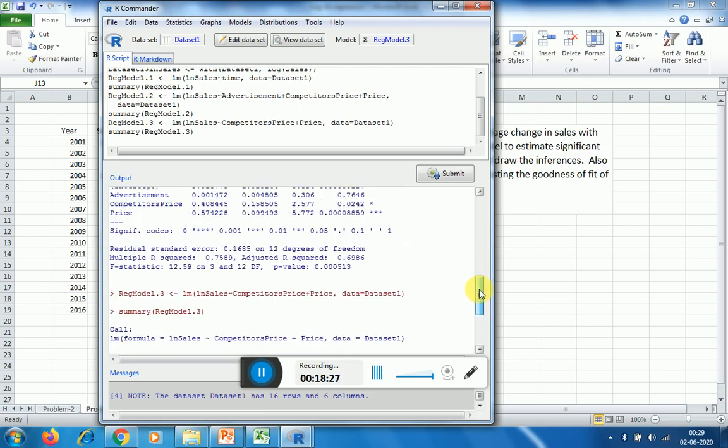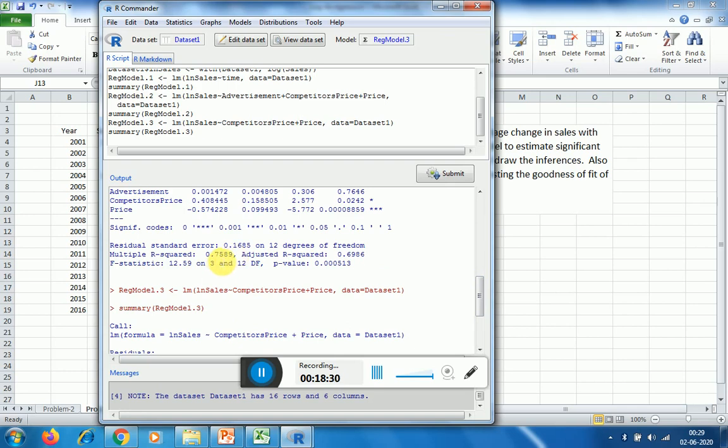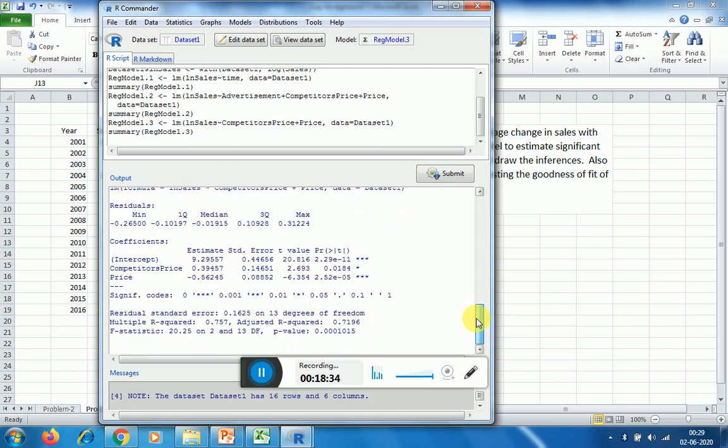If we compare this with the previous, where the value is 0.7589, this value is not changing drastically. There is only a marginal change in the value of multiple R squared. That means even if we eliminate the advertisement, these 2 variables are explaining 75.7% of the influence on the percentage sales values.